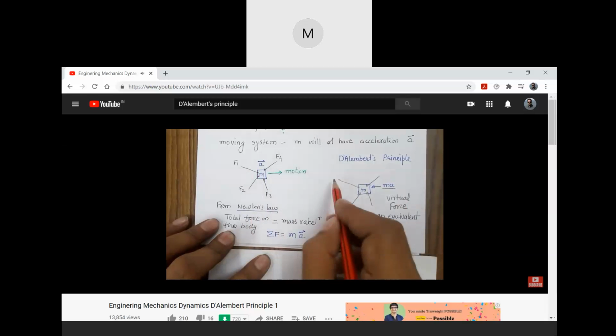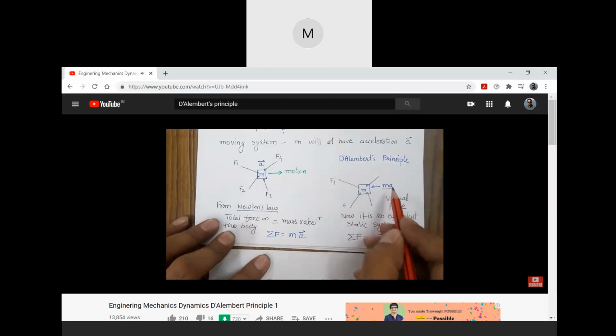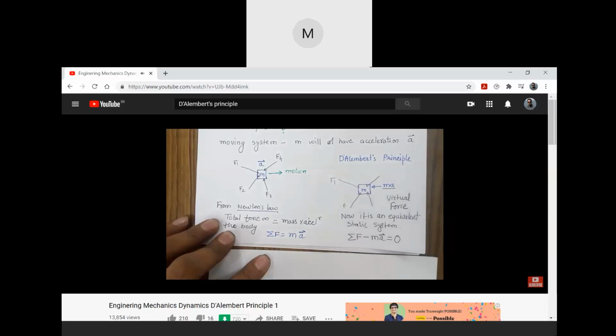Now we are adding an additional force of magnitude ma, and because of this ma, the system will be considered an equivalent static system. If I write the equation for this static system, which is actually moving but which I have considered an equivalent static system, the total forces minus mass into acceleration will become zero.